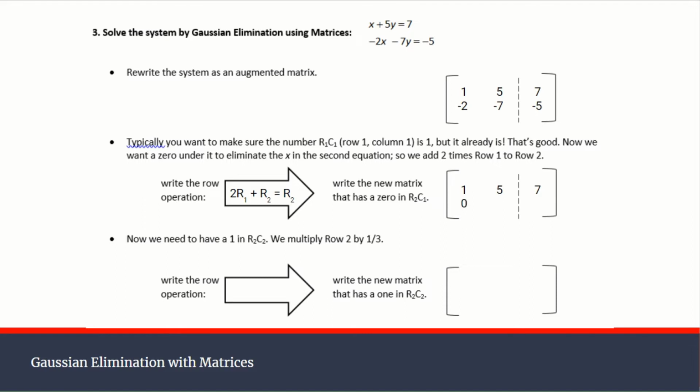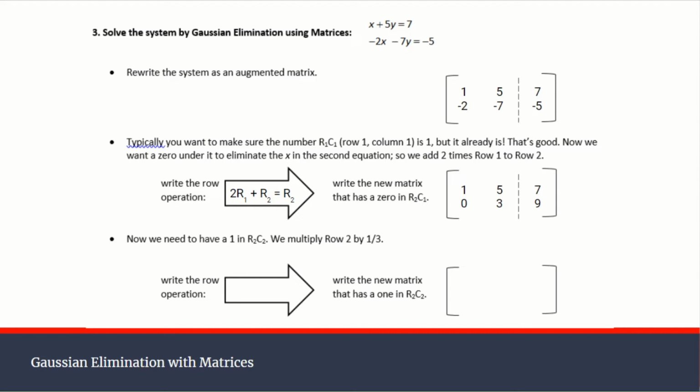That gives me 0. Look back up above. 2 times 5 is 10, plus negative 7 is going to give you 3. Look back up above. 2 times 7 is 14, plus your negative 5, that's going to give you your 9. If you can just think through those, you're multiplying 2 times row 1, but you're doing the work in your mind, and then adding it to row 2.